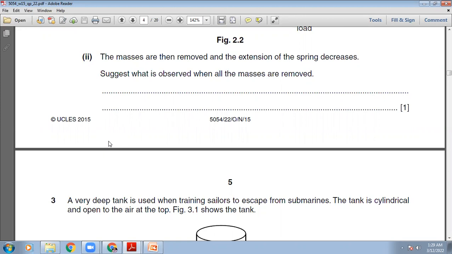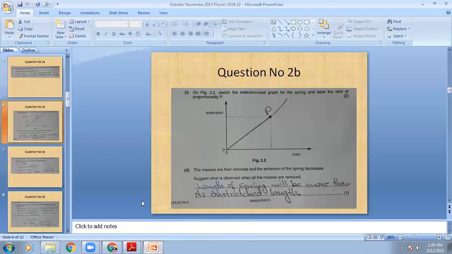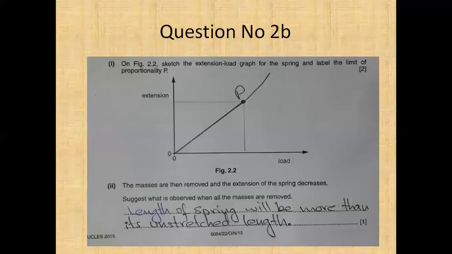It will be a little longer than that length because you have crossed the limit of proportionality. So even though you have removed all the masses, the spring will not come back to its original length now. The length of the spring will be more than its unstretched length.